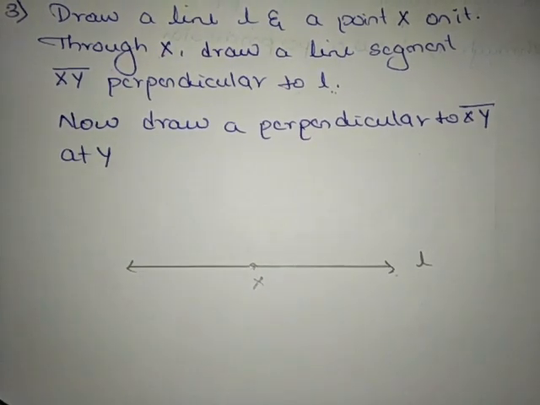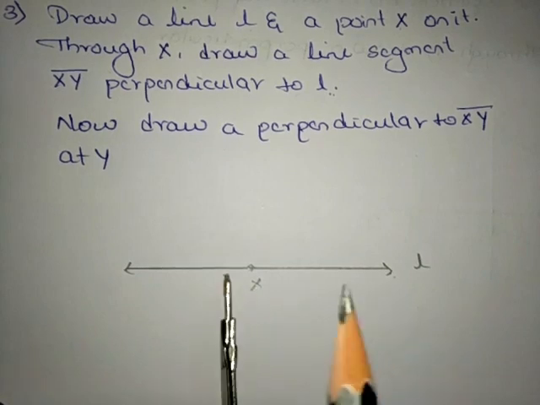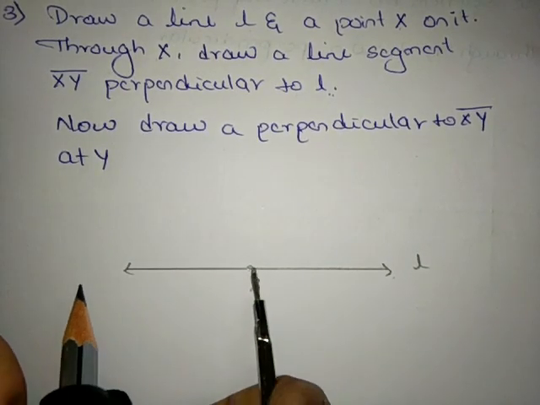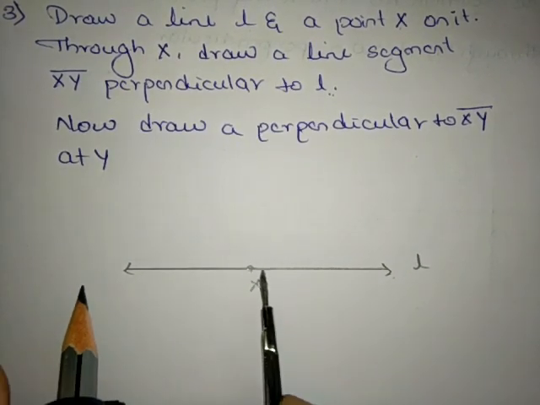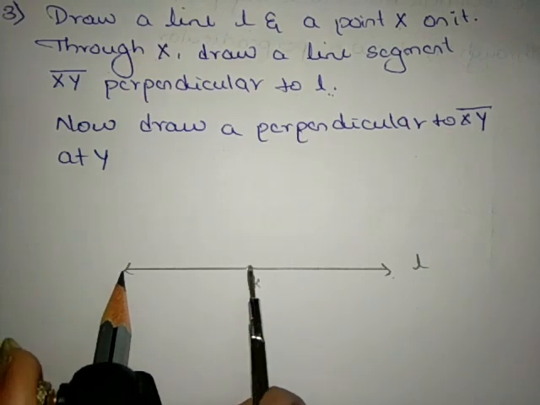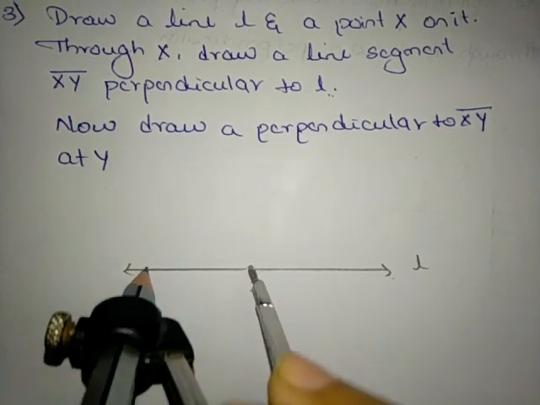Next, we'll adjust the compass for a certain length. Okay. Now, we'll mark an arc.